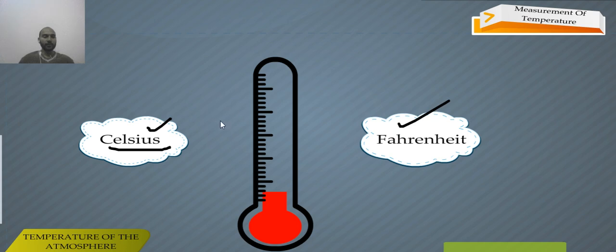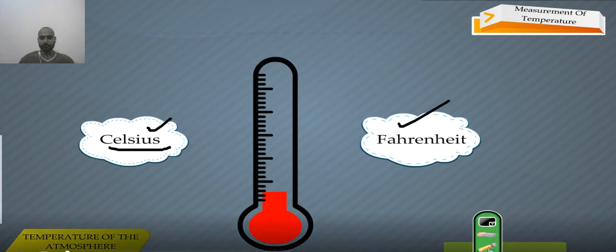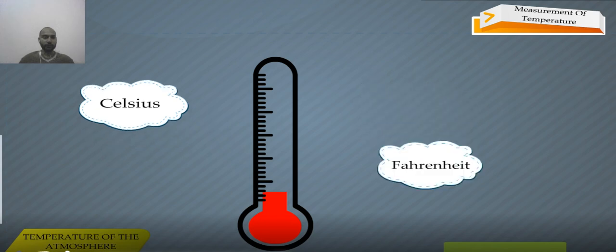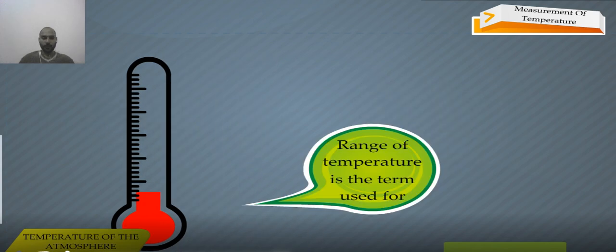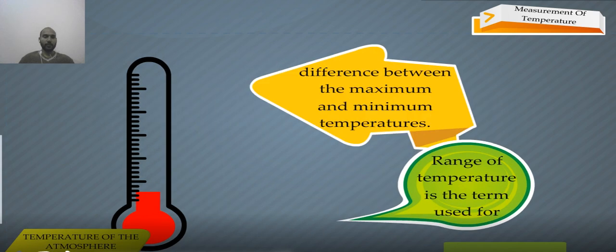We generally measure the body temperature in Celsius and Fahrenheit. There is one more unit called Kelvin, that is the SI unit of temperature. It is not in your syllabus, but for your additional information, Kelvin is the SI unit, standard unit of temperature. Range of temperature is the term used for the difference between the maximum and minimum temperatures.